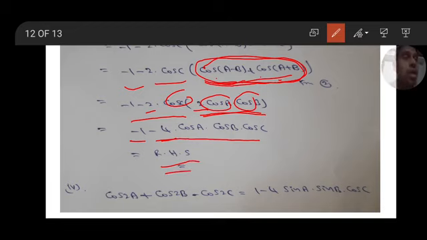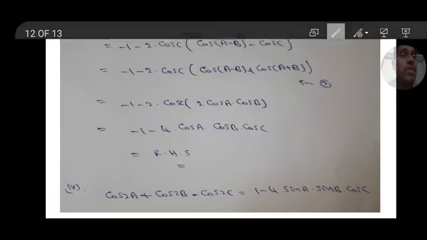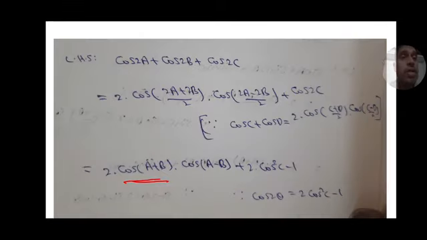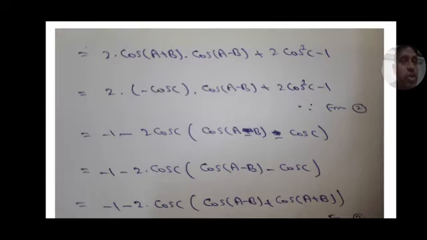So this problem is the same as the previous one, but instead of sin 2a sin 2b sin 2c, here we have cos 2a cos 2b cos 2c, using the cos c plus cos d formula, the cos 2c formula and simplification.